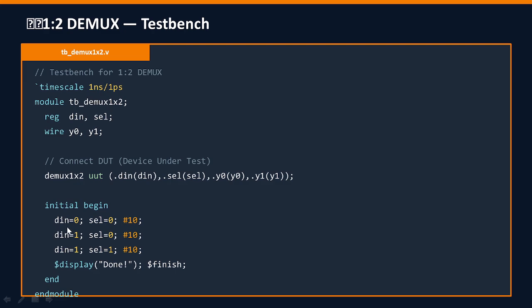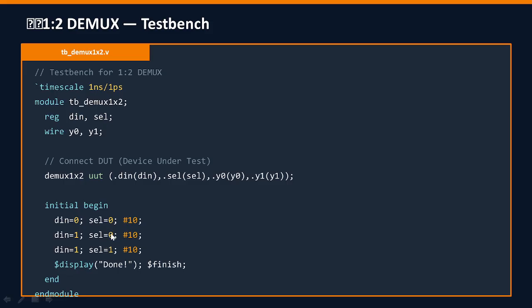If d in is 0 and select is 0, your d in is not passing anything. If you are not passing anything as an input, then everything will be 0. Y0 is also 0, y1 is also 0. Now your d in is generating a one-bit input, and your select is 0.